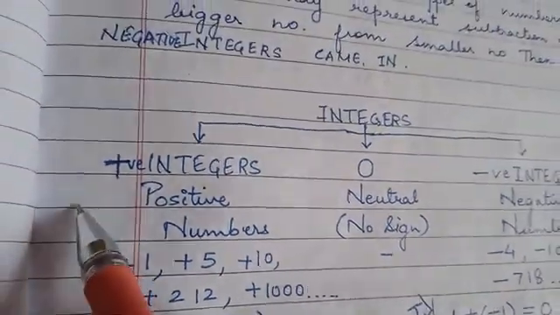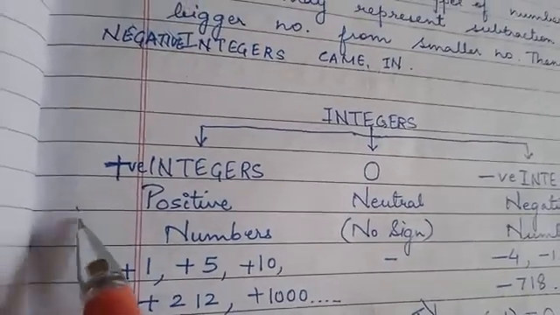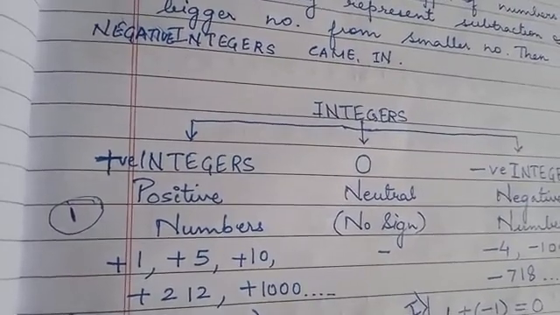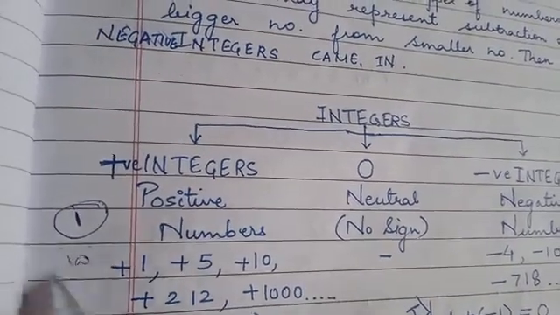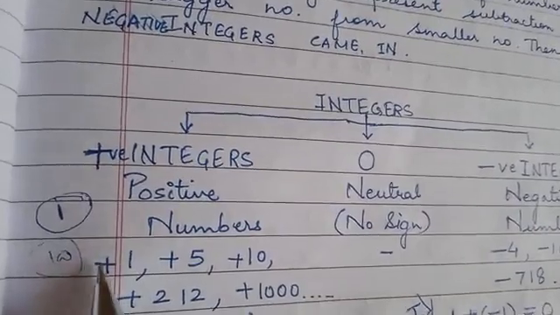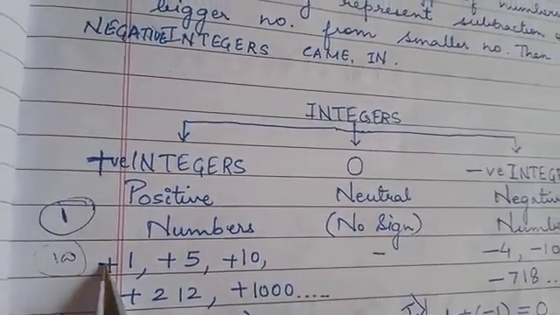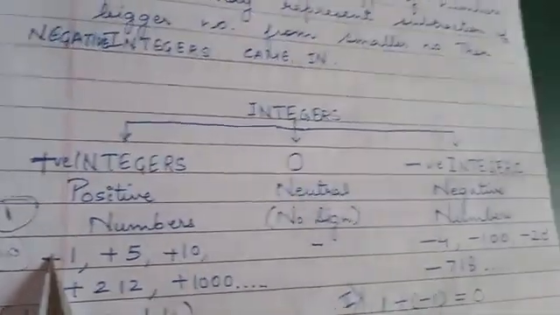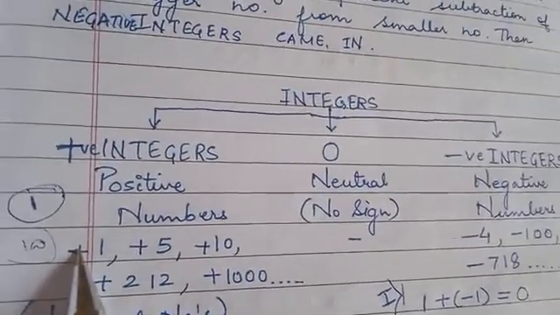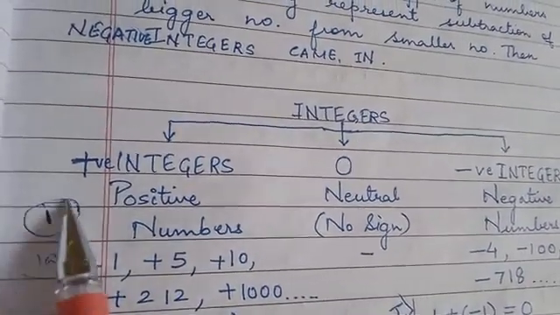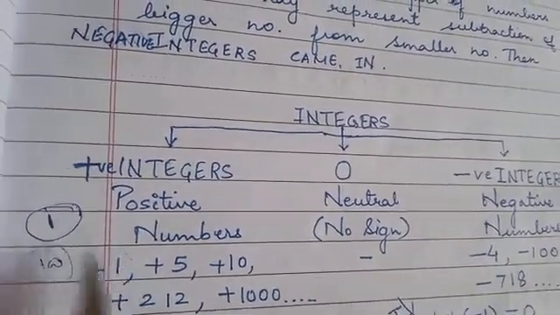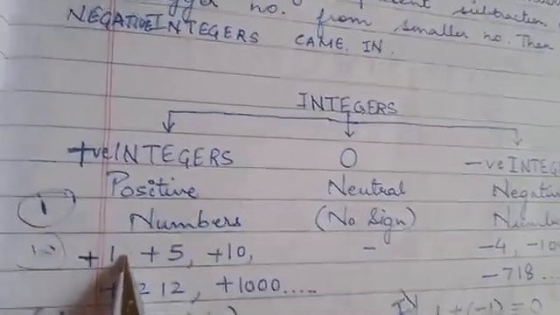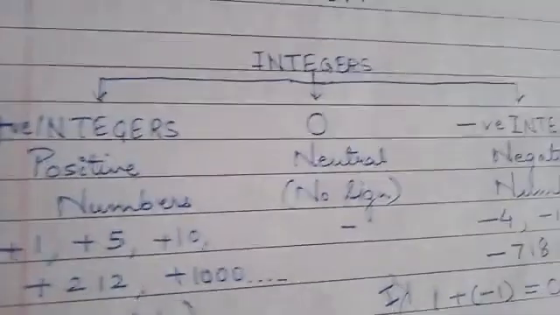If I write only 1, that is also considered a positive integer. If I write 100, that is also positive. Whether the plus sign is there or not, it is considered a positive integer. 1 or plus 1, the meaning is the same.